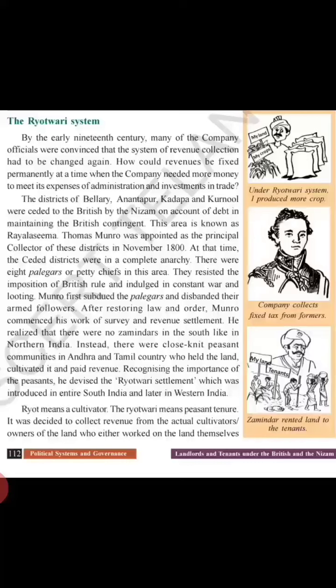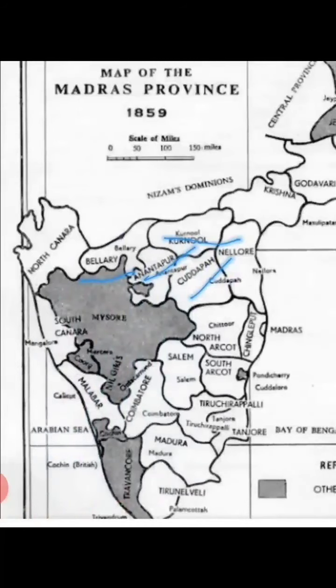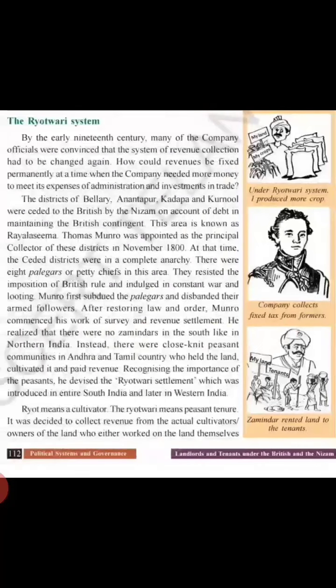The districts of Bellary, Anantapur, Kadapa and Kurnool were ceded to the British by the Nizam on account of the cost of maintaining the British contingent. So here children, you can see Bellary, Anantapur, Kadapa and Kurnool were given under the control of the British by the Nizam because they became debtors in maintaining the British contingent they were dependent upon.